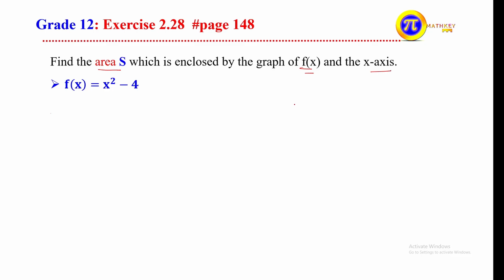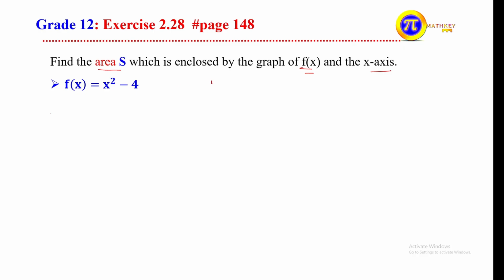To find the area enclosed by this f of x and the x-axis, first of all, it is better to sketch the graph of our function f of x. To sketch it, if it is possible, we'll try to find the x-intercept and y-intercepts. After that, you will try to sketch the graph which is enclosed by the graph of the given function f of x and the x-axis.